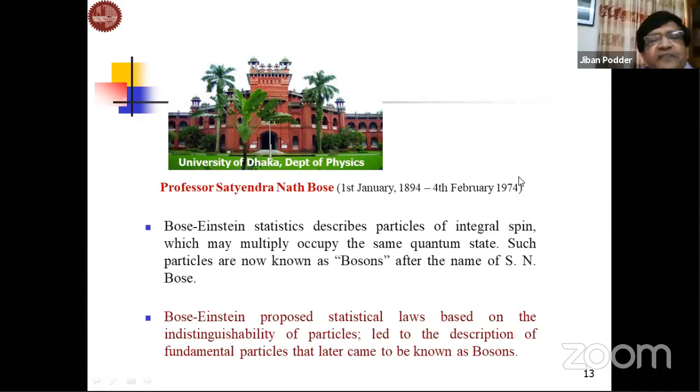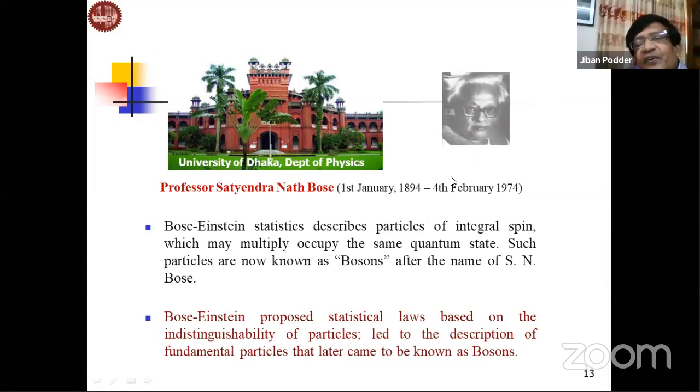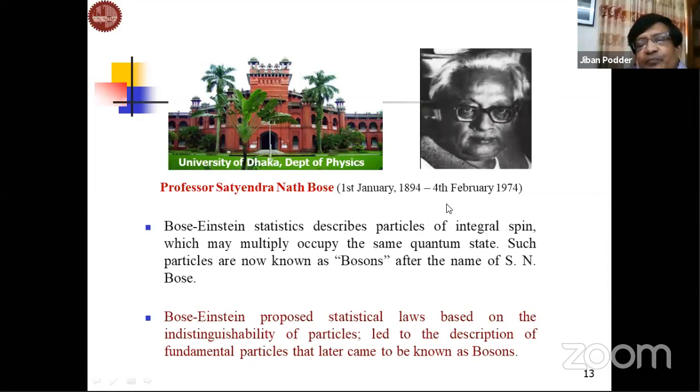During his teaching of the postgraduate students in the department, he discovered the indistinguishable particle that is known as the boson, having a whole number spin. And I feel proud to be a postgraduate student of this department. This is the physics department of Dhaka University.